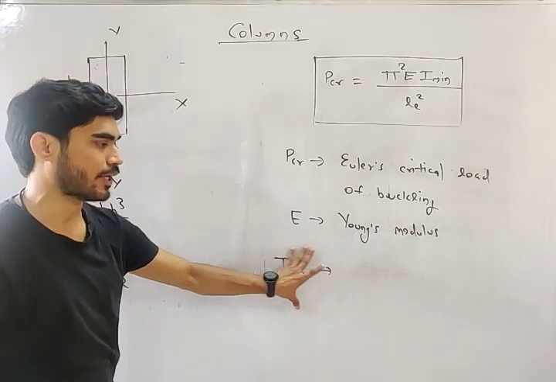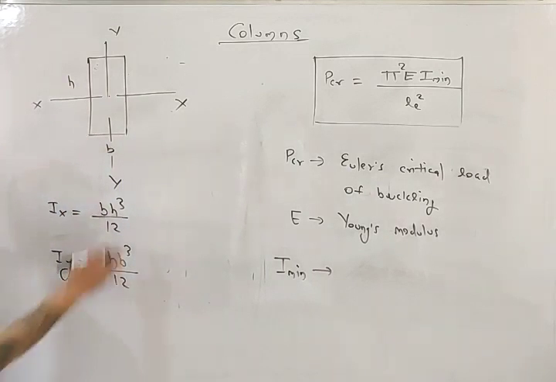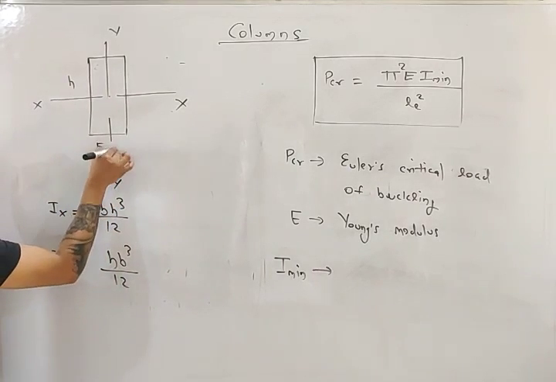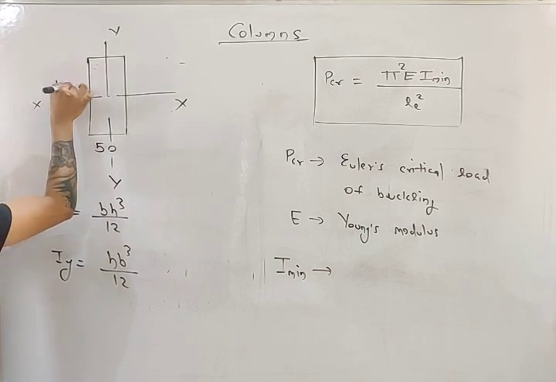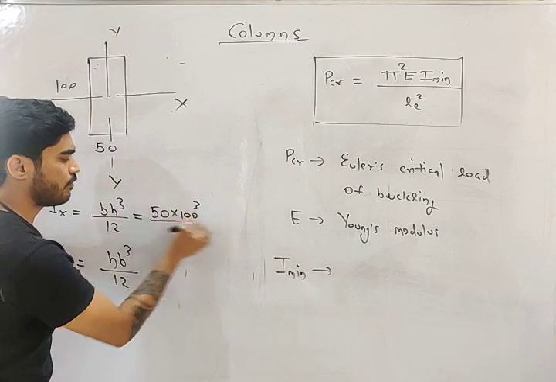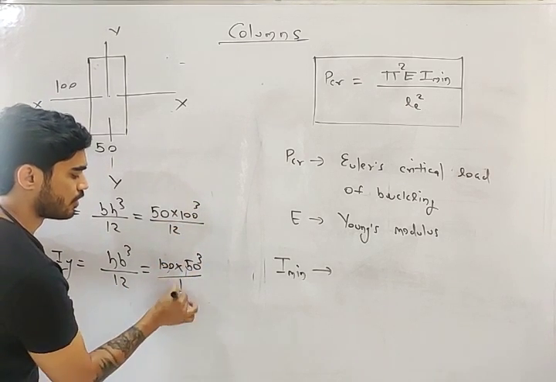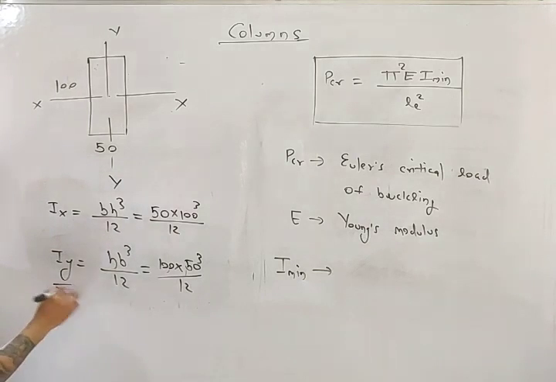Now here we need to put the minimum moment of inertia. So which one will be minimum, my friend? Let's say this is 50 and this is 100. So this will be 50 into 100 cubed by 12, and this will be 100 into 50 cubed by 12. Which one is minimum? This one is minimum.